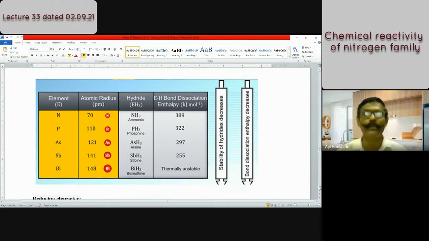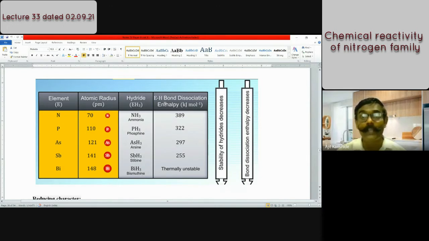Here, with the diagram, it is given. See atomic sizes: nitrogen is 70 picometer, while bismuth is 148 picometer. So as we go down, size increases. Accordingly, the stability of these hydrides, ammonia, phosphine, arsine, stibine, and bismuthine, will decrease.